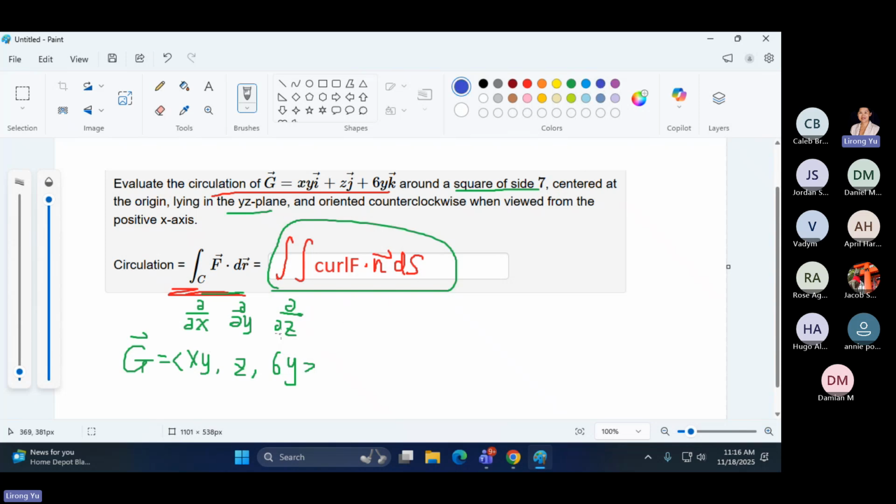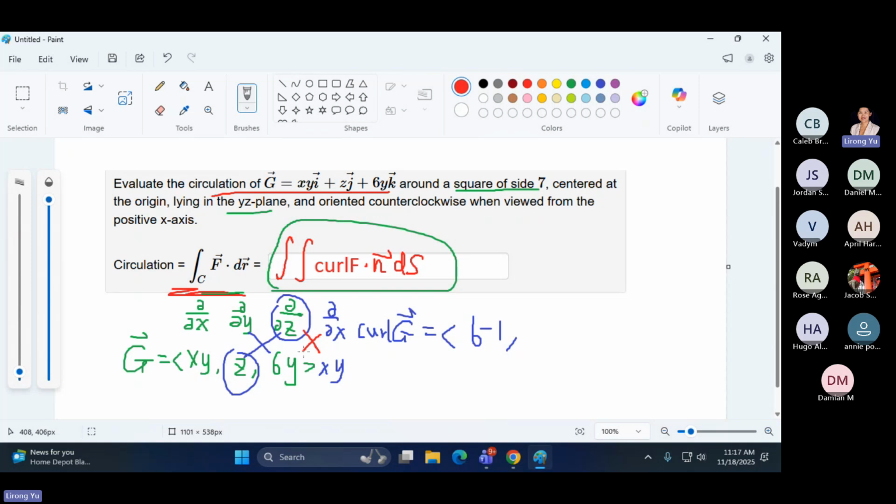Okay, so for the calculation of the curl, we cross combine and subtract. So curl of G, we have a vector G here, is equal to the first component: differentiating the 6y with respect to the y variable. Combining these two, we get 6, minus these two combined, differentiating the z with respect to z, that's minus 1. And then moving the first column over, we're still going to cross combine.